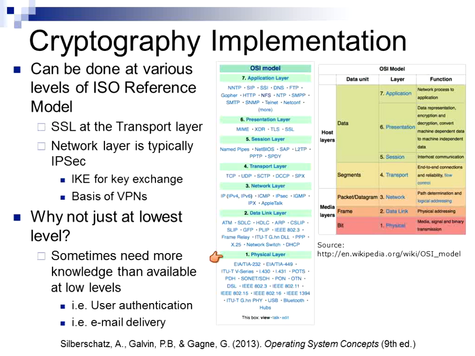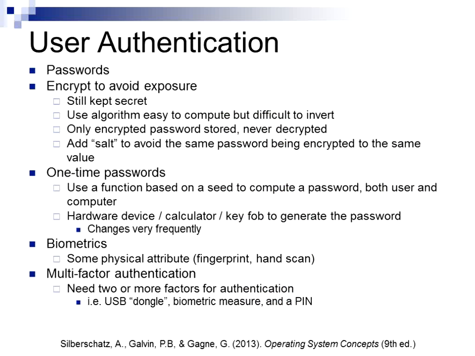You don't always do it at the lowest level because sometimes you need it higher up. When the user's being authenticated or emails being delivered, you need to be able to encrypt and decrypt at that level. So just know that you can insert encryption at any of these levels, and often it's inserted at multiple levels in order to keep things safe on the system.